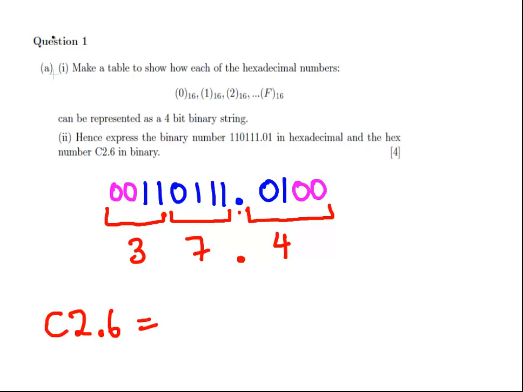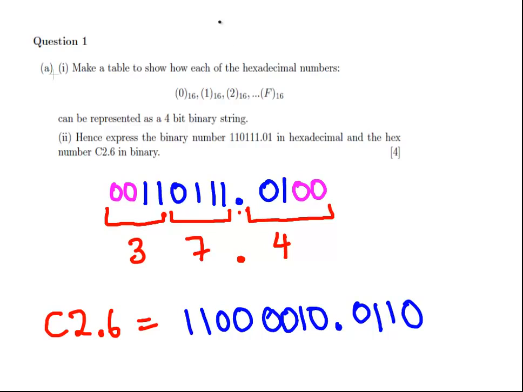C2.6 is equal to, let's write that out, 1, 1, 0, 0, 0, 0, 1, 0, point 0, 1, 1, 0. Actually, first off, let's clarify where they came from.